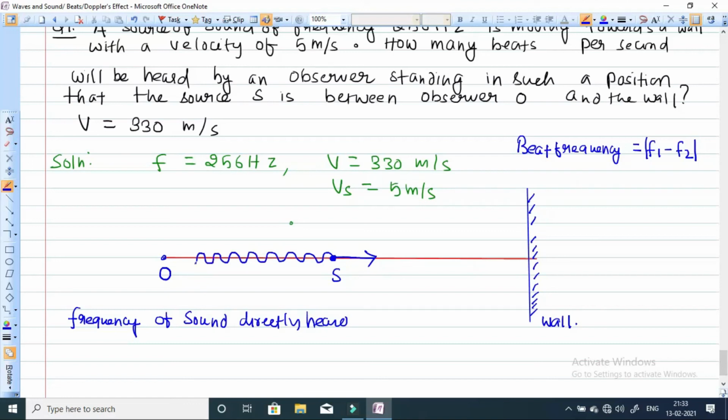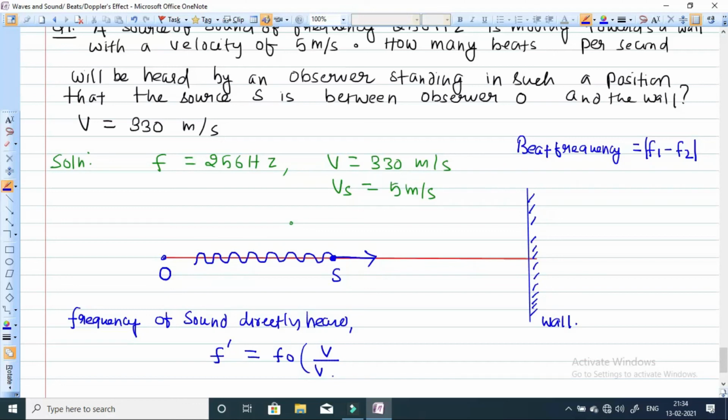Then in this case we can apply the Doppler formula. I am taking this frequency as f1, f dash. So f dash is equal to f naught, v divided by v plus vs, since the source is moving away from the stationary observer.